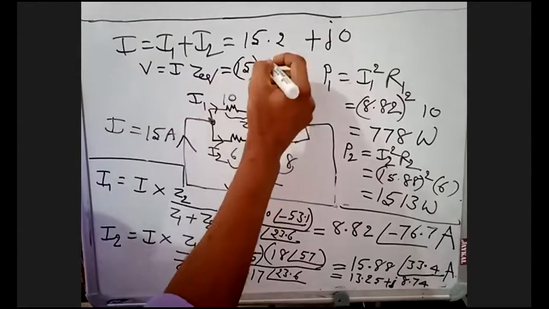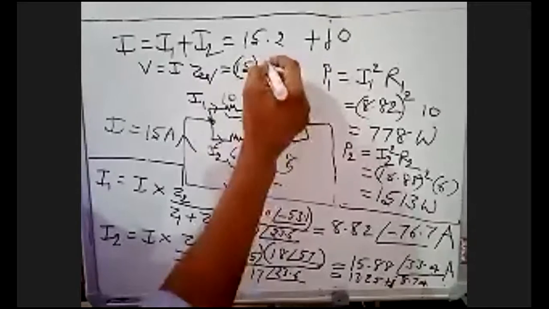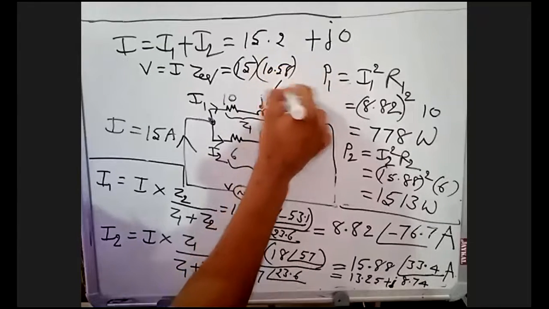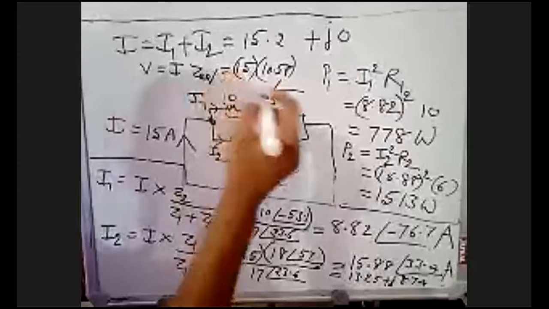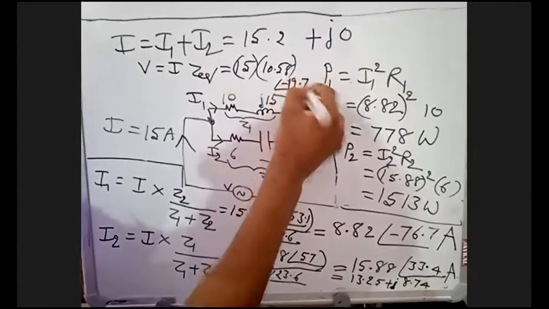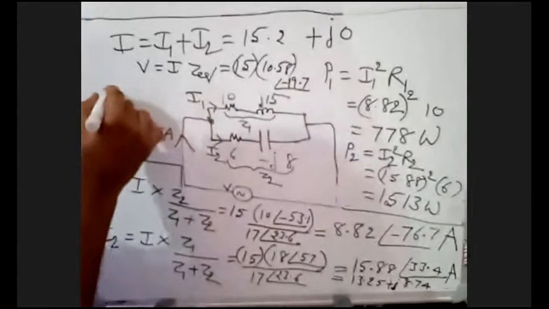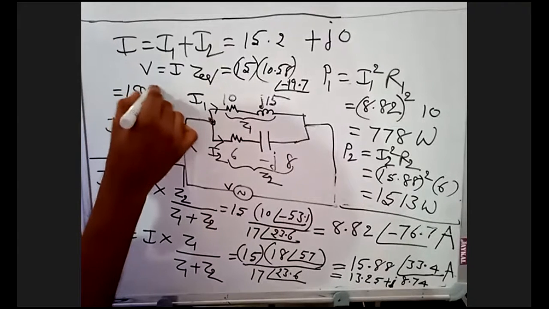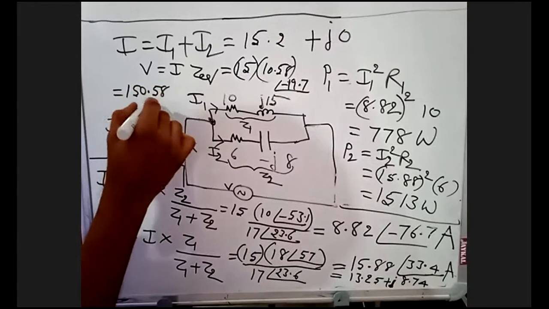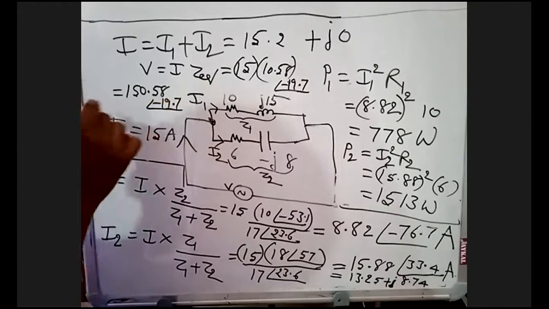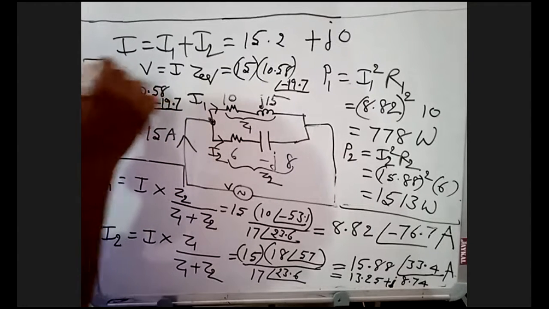How much did you get? 10.58 at an angle minus 19.7. So this is your V, that is 150.58 at an angle minus 19.7.